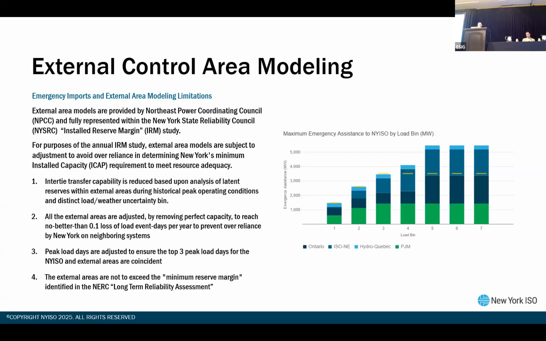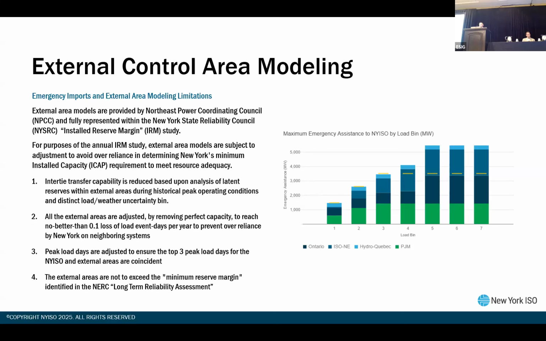So for example, you don't want to assume that your neighbors are going to be flush in capacity for the rest of the time. We want to represent a system that's intertied and sort of just has enough to meet their own reliability requirements, and not just let the model dictate how much is coming in for emergency assistance.